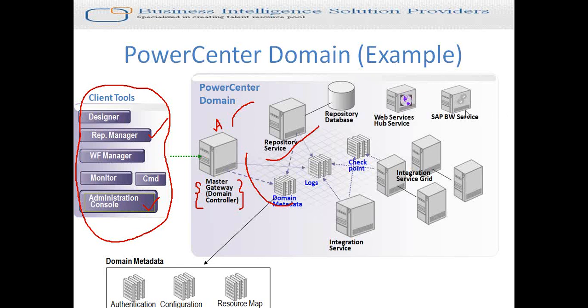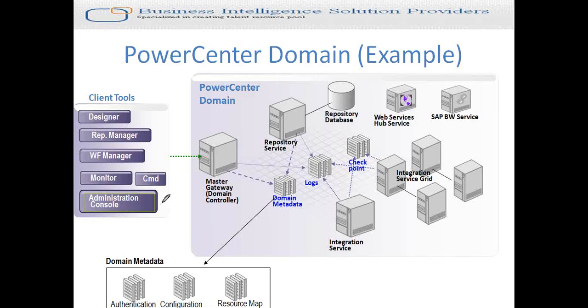Okay, so if you see this, let's say I want to create a new node. The creation of a new node request goes here first, and from here it will go to the domain metadata, within which it will check the existing domain name and whatever points it can gather for that particular domain to be created.